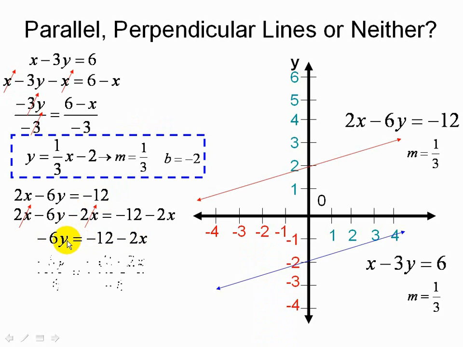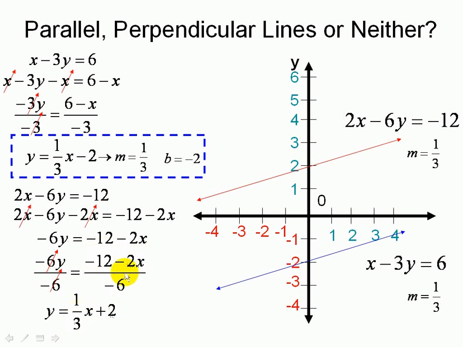To isolate y, we divide by negative 6, and the negative 6 cancels on the left side. We get y equals 1/3 x plus 2 when we perform this operation on the right side.